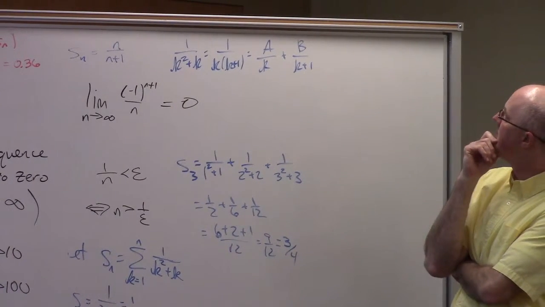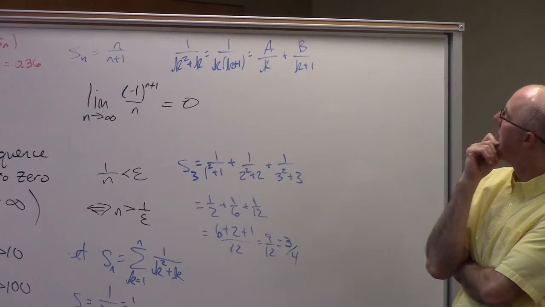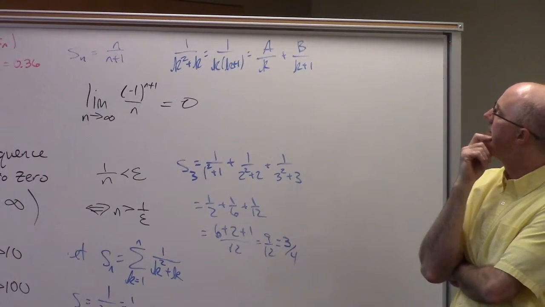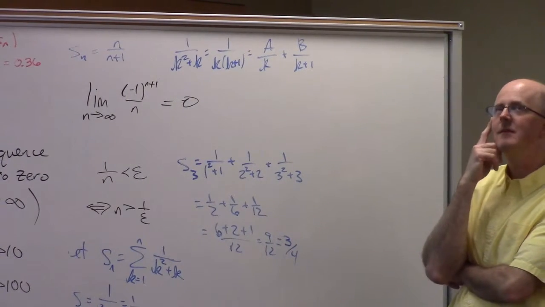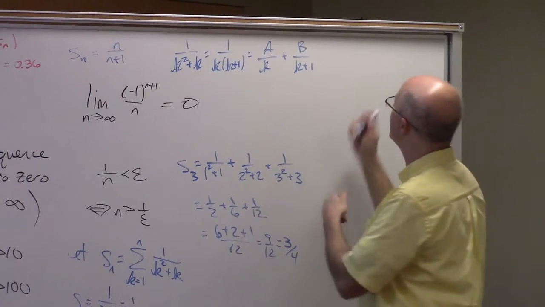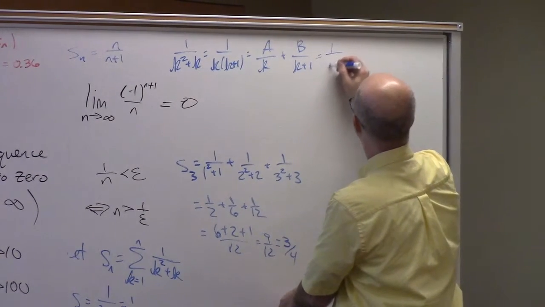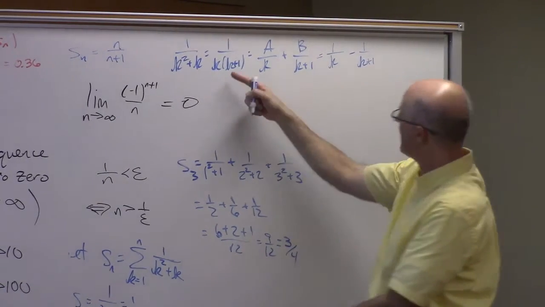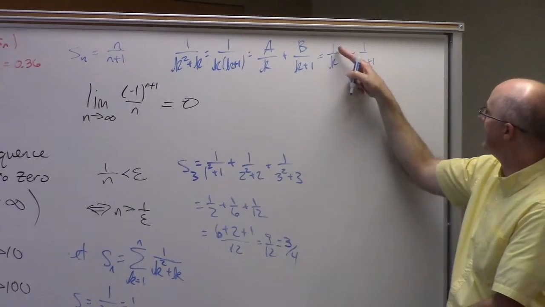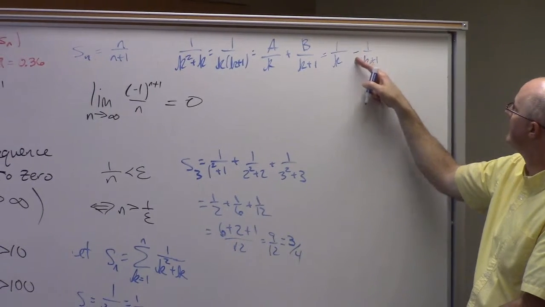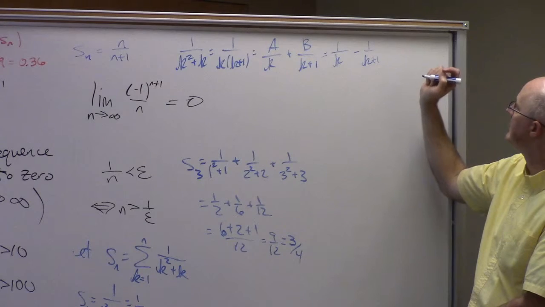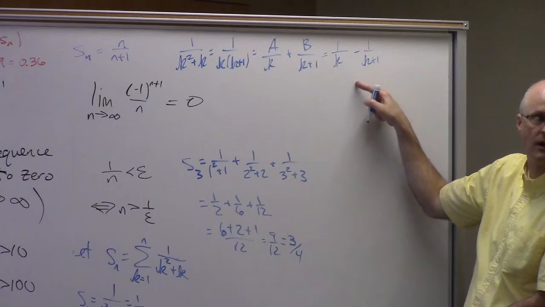A would end up being equal to 1, and b would end up being equal to negative 1 to make this work. Let me just check this in my head and see if this works. If you went backwards and got a common denominator, you get a k plus 1 up top there and a minus k there, and the k's would cancel, leaving you with 1 up top. This does work.